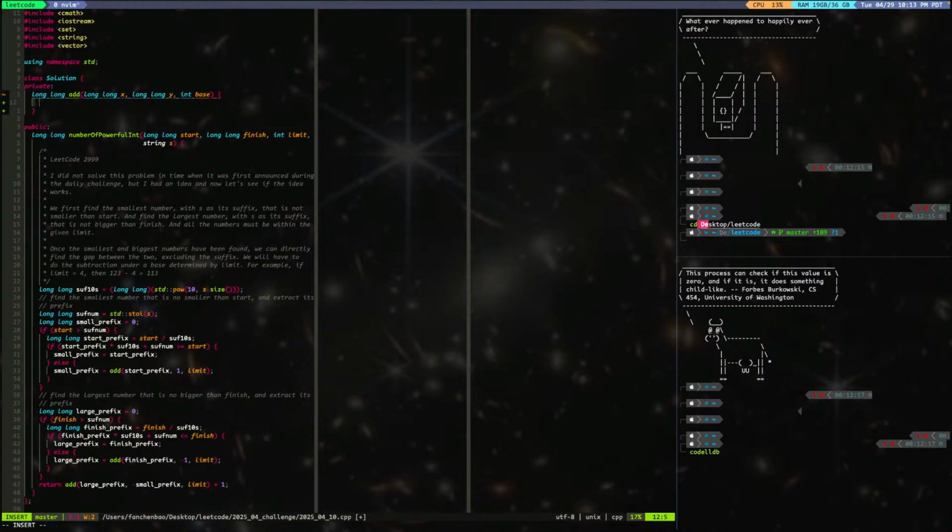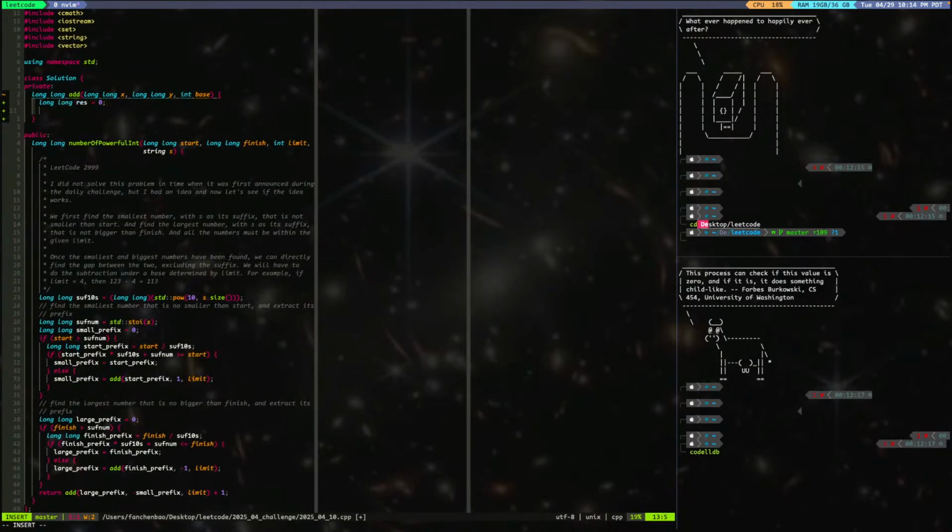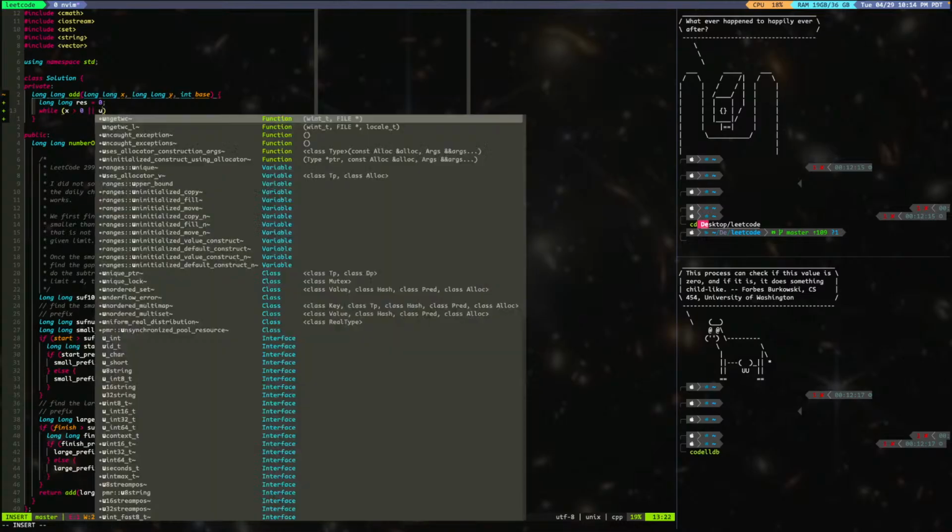So we'll do 10 divided by 10. The next one, and eventually one of them will go. So okay, we have x and y. So we have a result. So we go long res. Okay. And while x larger than 0 or y is larger than 0.